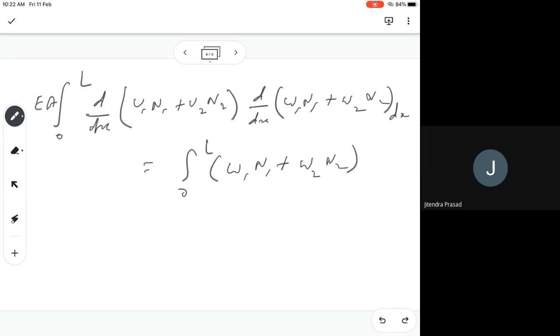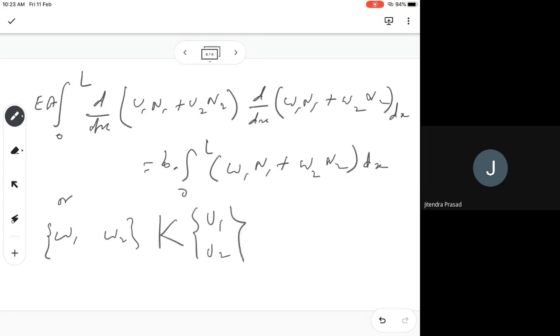B naught is constant, so we can have B naught outside dx. You can simplify and the equation will be like this: W1, W2, then we have K here, and then U1 and U2, is equal to W1, W2, and F1 and F2.